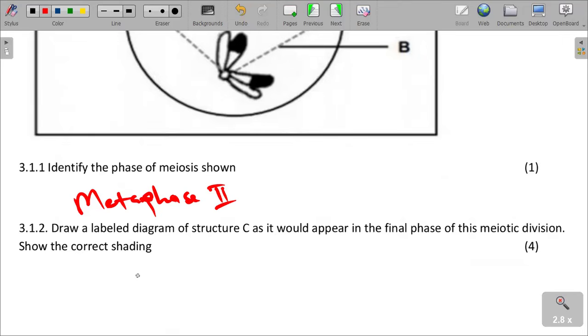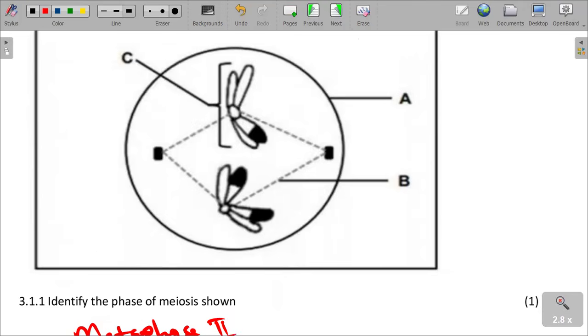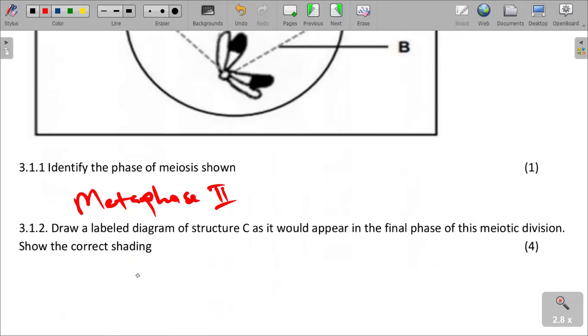So we need to draw a labeled diagram of structure C as it would appear in the final phase of meiotic division.